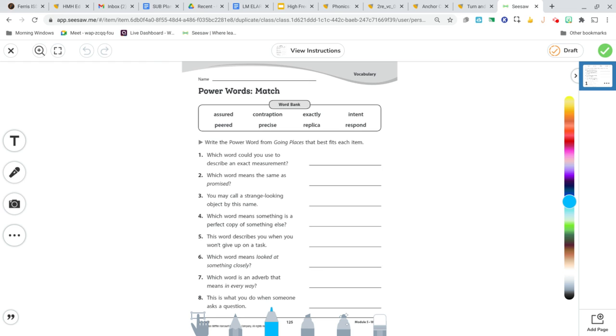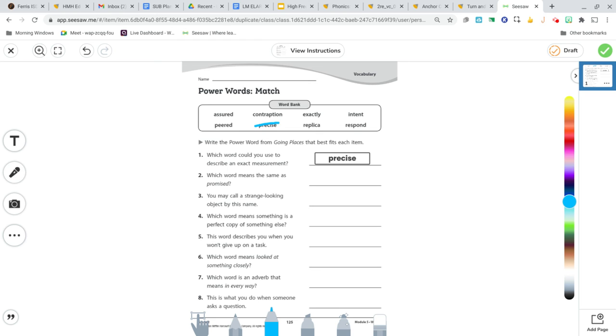It was precise. Okay. So I'm putting it on the line, making sure that I've spelled it correctly. So I'm going to go ahead and shrink the word and put it on the line. Then I'm going to take my pen and cross out precise because we are not using that again.